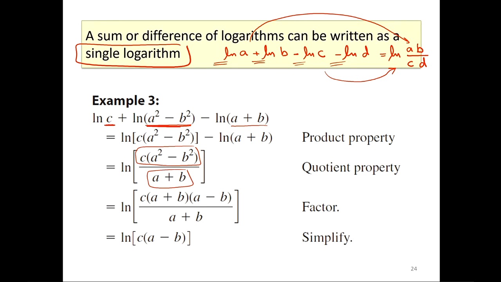We can put it as a plus b multiplied by a minus b, and remove a plus b with a plus b. Any question?